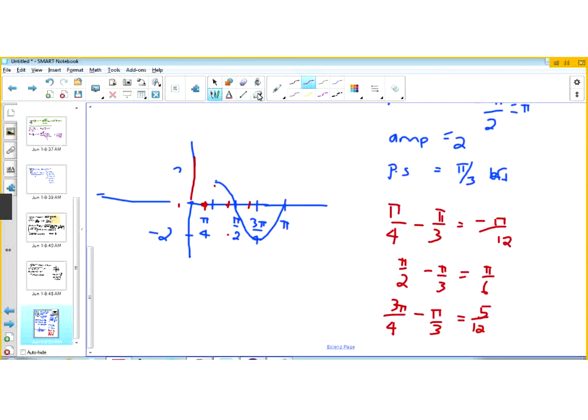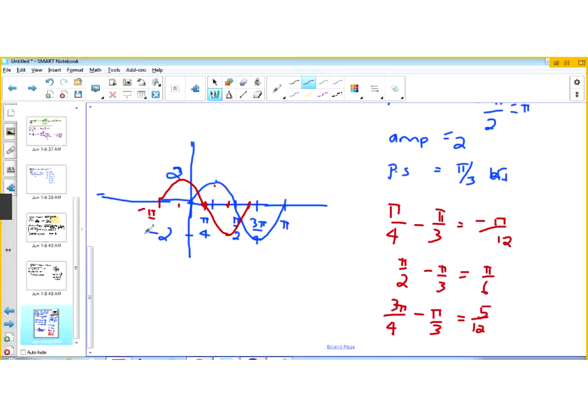So the curve will go something like this. Okay, so the red curve is the blue curve shifted pi thirds to the left.